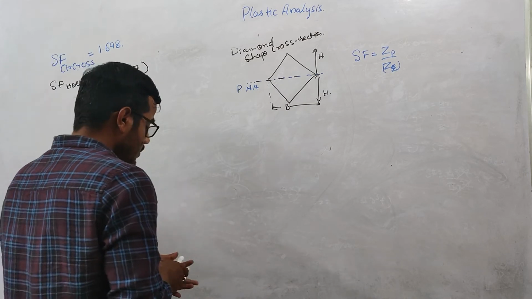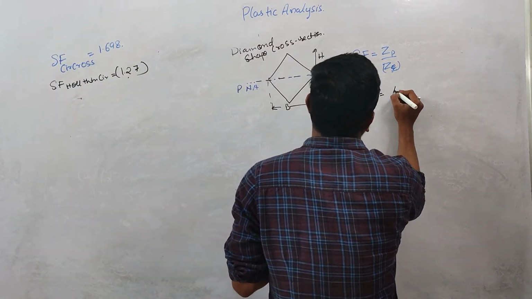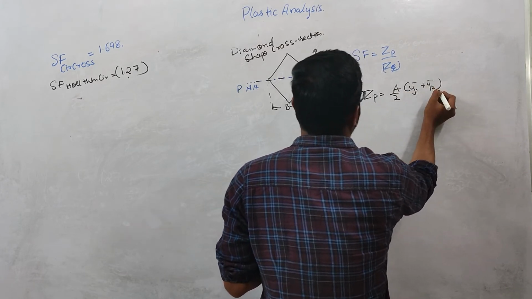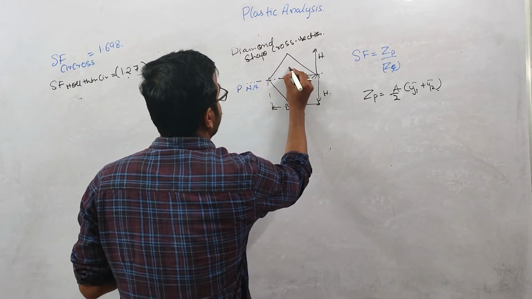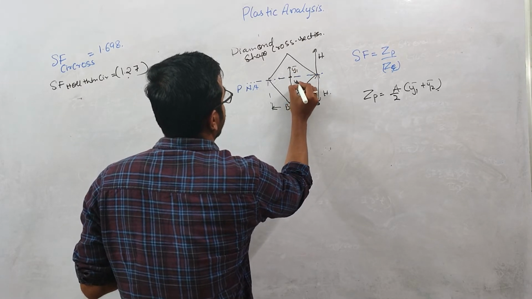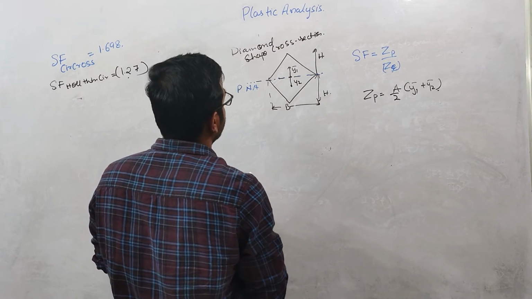Okay, so plastic section modulus we will be calculating by using this formula, A by 2 into y1 bar plus y2 bar. So this will be our y1 bar, and this will be our y2 bar, and these two are equal.